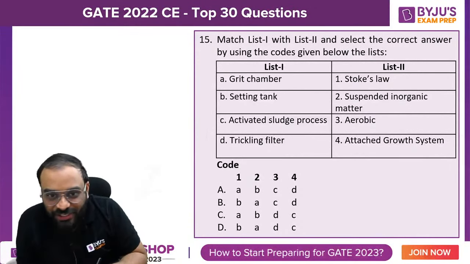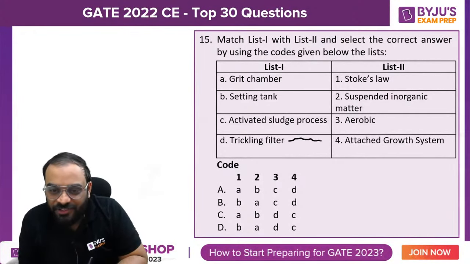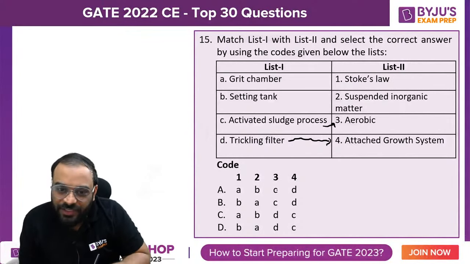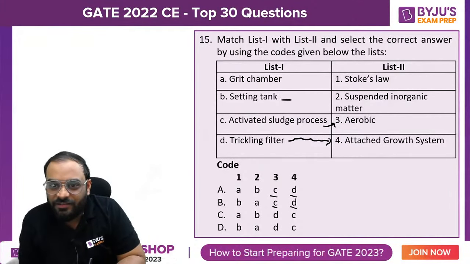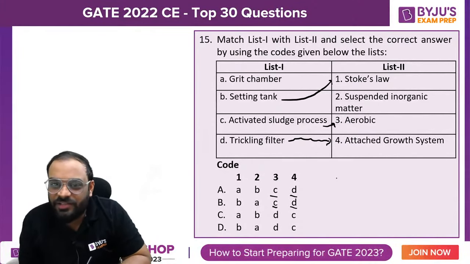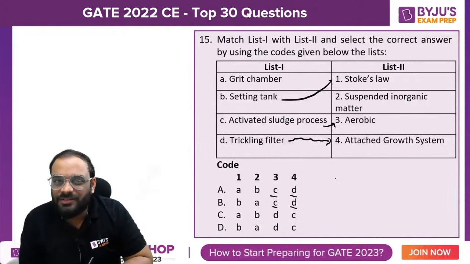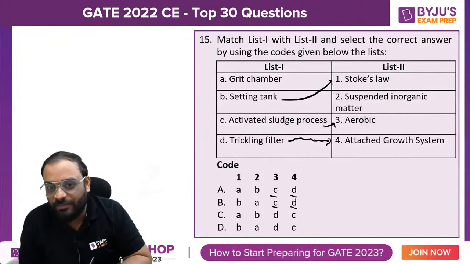I think all of you know that, guys. Trickling filter is an attached growth system. Activated sludge process is an aerobic process. So we can say that for D it should be 4, for 3 it should be C. Settling tank: we generally design it as per Stokes law, but the restriction is with respect to the size, which should be less than 0.1 mm.